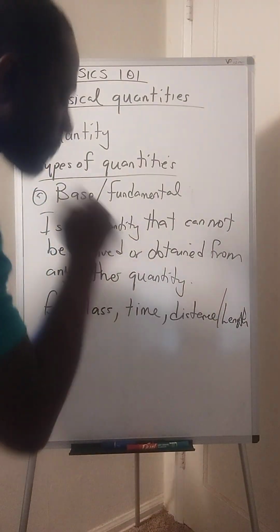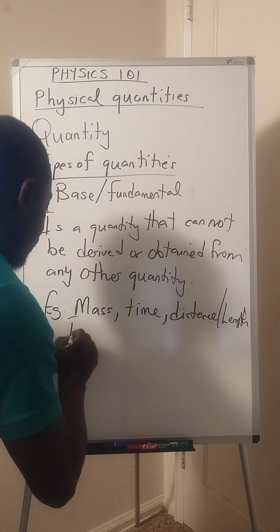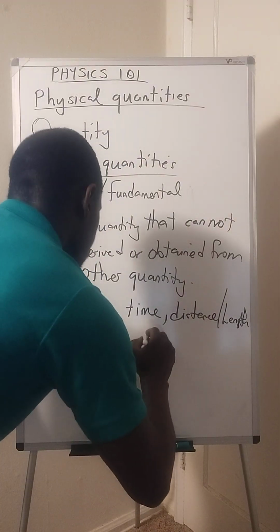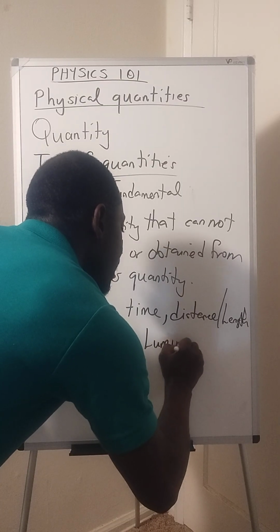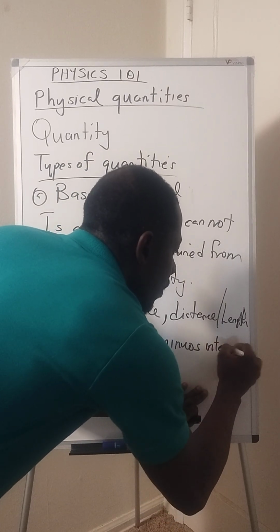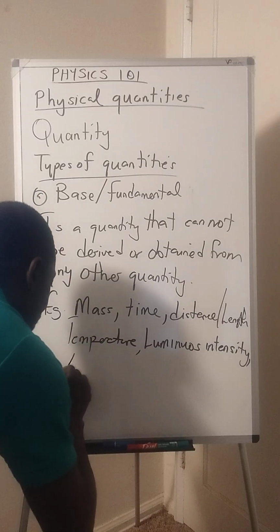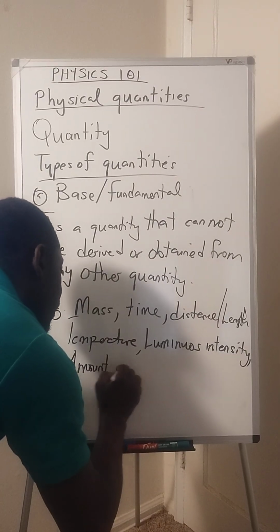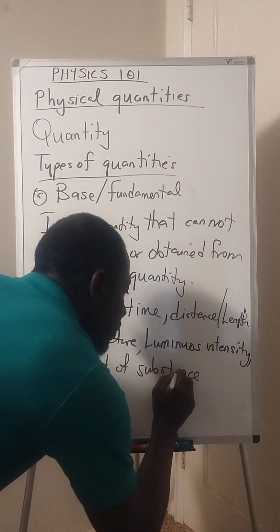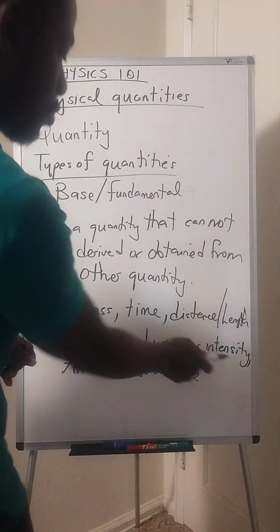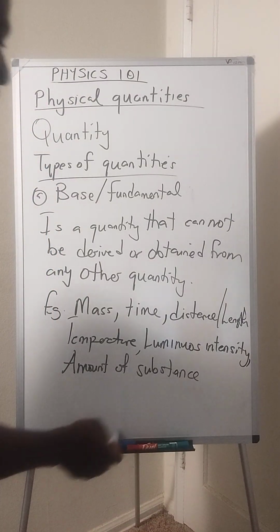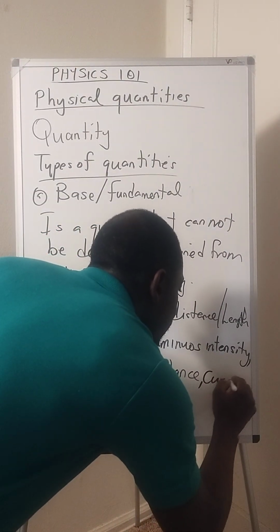But quantities like temperature, luminous intensity, amount of substance, and current.